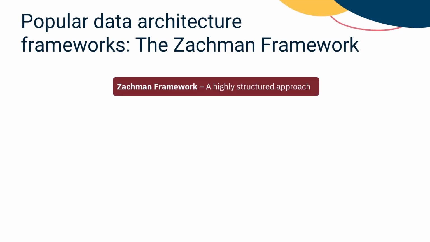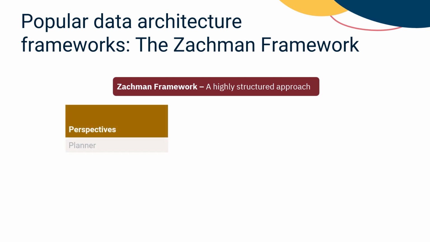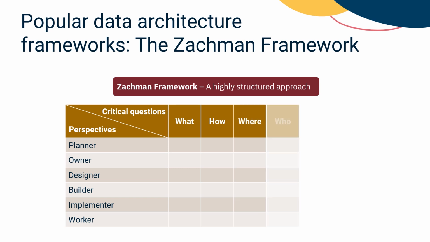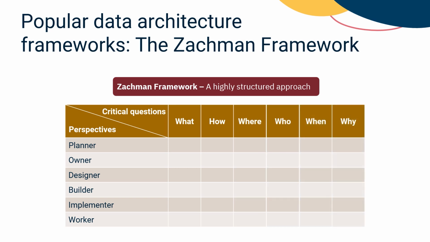Next, let's look at the Zachman framework, a highly structured approach to data architecture design. It categorizes architecture into 6 perspectives: planner, owner, designer, builder, implementer, and worker. These perspectives are further analyzed through 6 critical questions: what, how, where, who, when, and why.